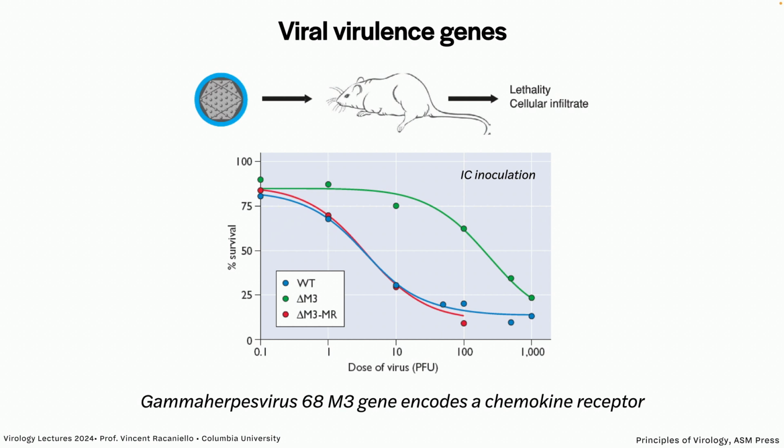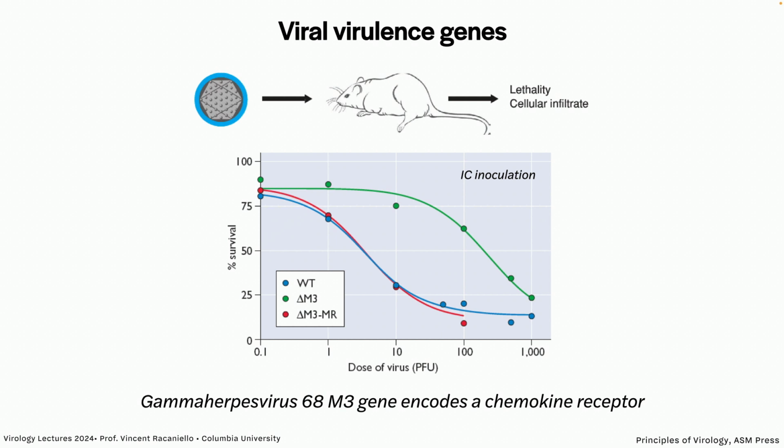Now, if you delete the M3 gene, which is the green, now the 50% lethality is over 100 PFU. So you've attenuated the virulence of that virus by removing the M3 gene. And then when you put the M3 gene back into that virus, it's M3-MR, you restore the virulence.